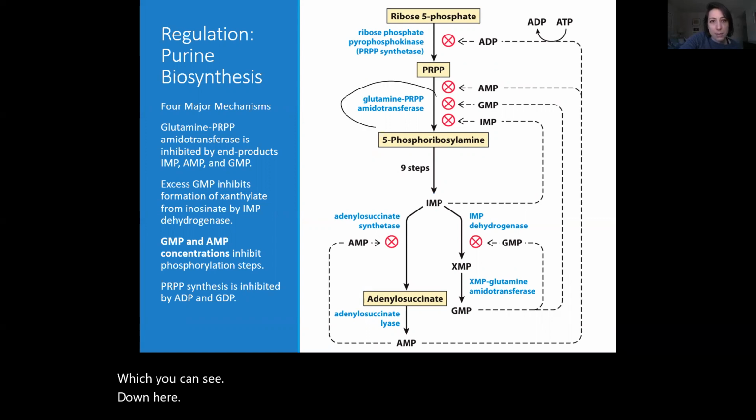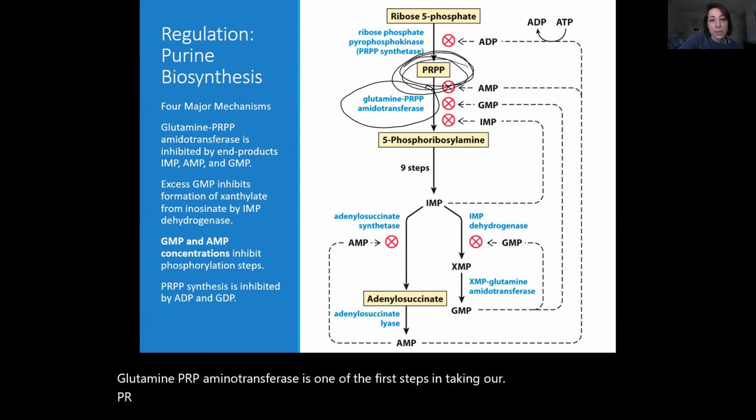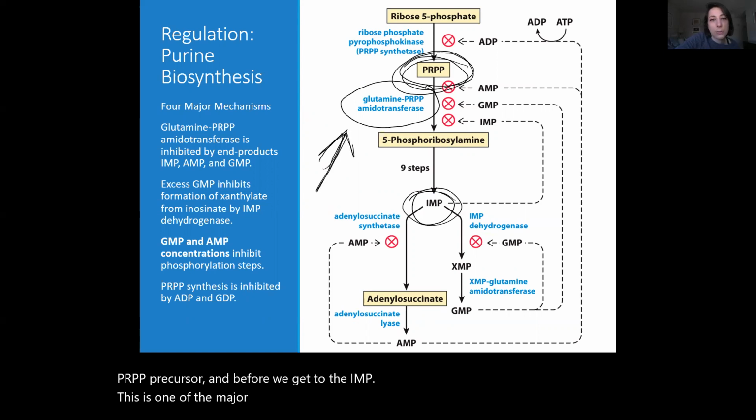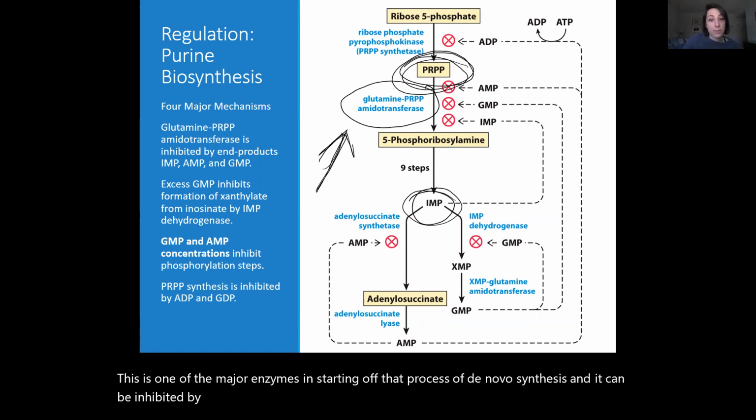Glutamine PRPP aminotransferase is one of the first steps in taking our PRPP precursor, and before we get to the IMP, this is one of the major enzymes in starting off that process of de novo synthesis, and it can be inhibited by the downstream products. So if there's a lot of IMP, GMP, or AMP, any of these, it will inhibit that enzyme.